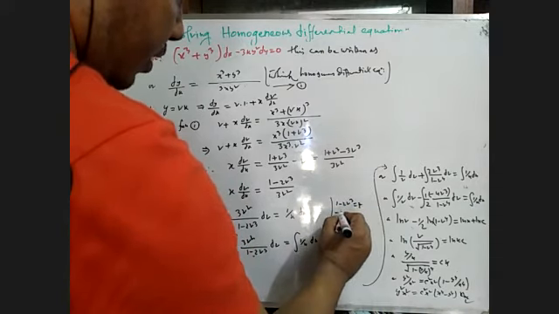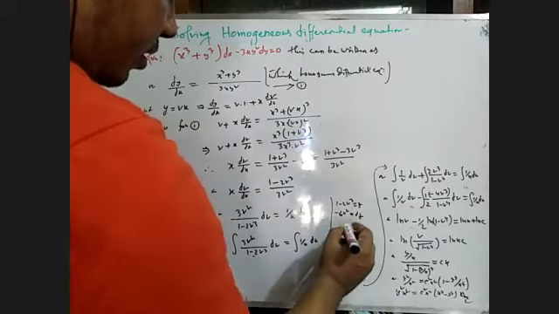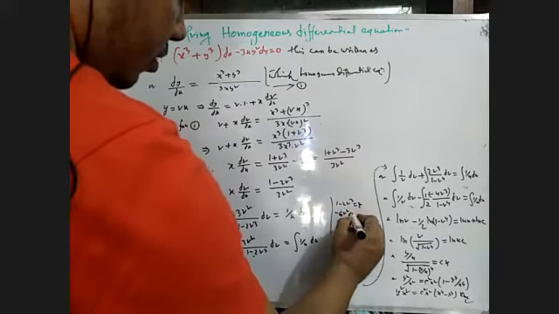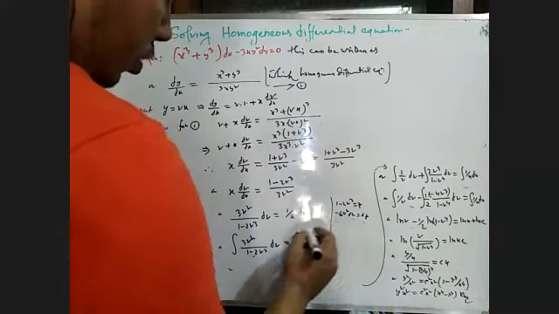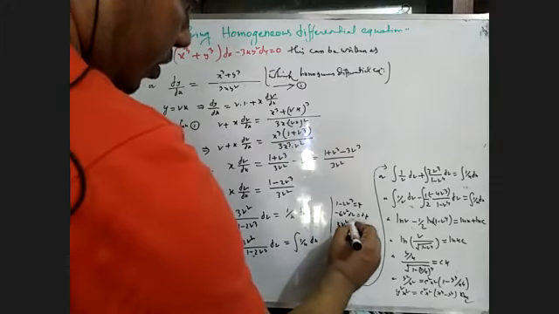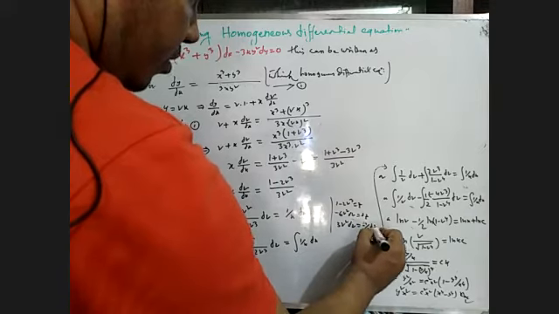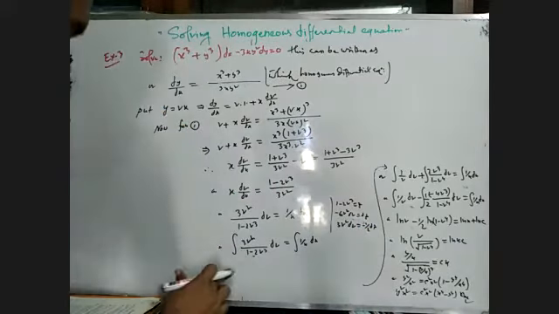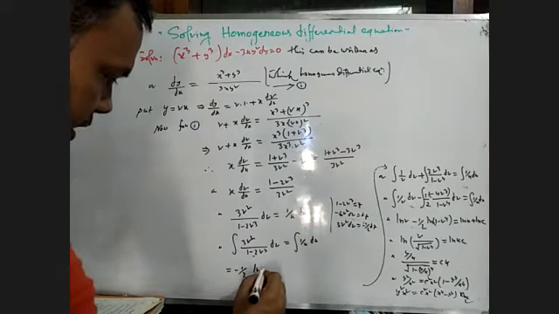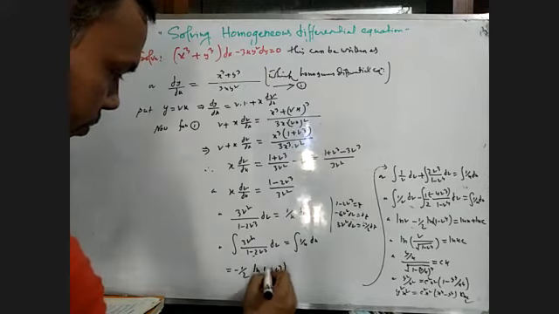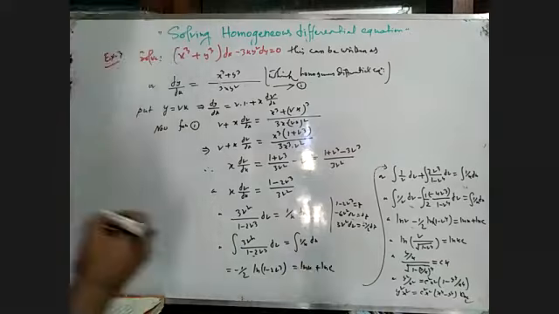So minus 6b square db equals to dz. 6b square db equals to dz. So thrice b square db equals to minus half dz. That means we have to introduce minus half here. Ln of 1 minus twice b cube equals to ln x plus ln c.